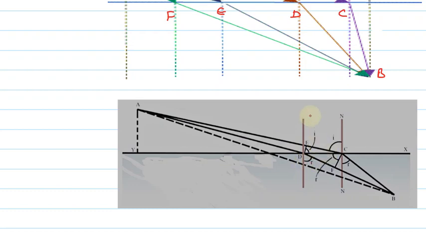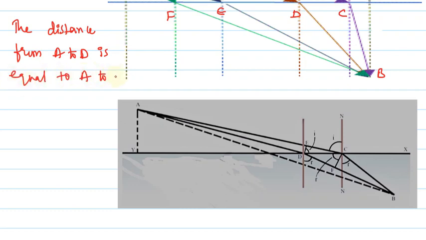Now, let us draw a perpendicular from point D and label it as E, and another perpendicular from point C and let us label this point as F. Now the distance from A to D is equal to A to E.